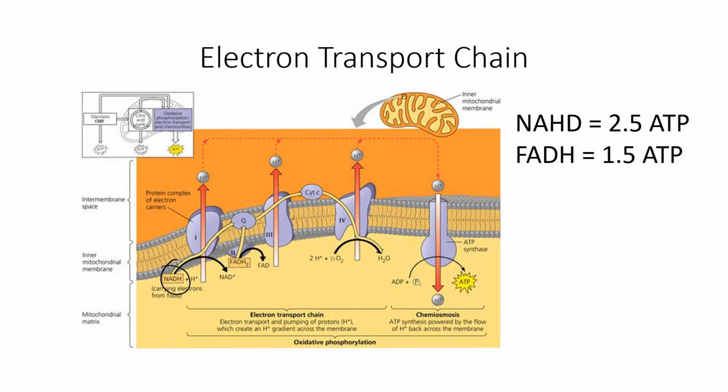So the electrons, which are brought to the electron transport chain by NADH, travel from complex 1 to complex 3 to complex 4. So the electrons from NADH are ultimately going to drive the pumping of hydrogen ions by complex 1, complex 3, and complex 4.